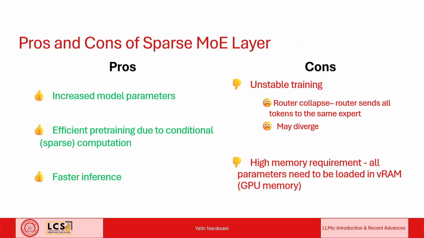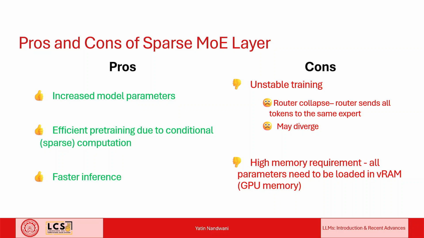So we discussed the architecture of mixture of experts, how backpropagation works, and we also looked at some theoretical analysis of what is happening beneath, why the experts are not collapsing, and how the learning of the router and the experts is going on, right? Of course, there are certain pros of a mixture of experts layer, and that's why we are studying it.